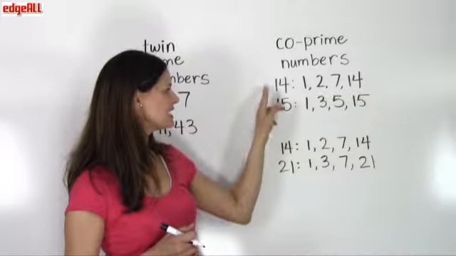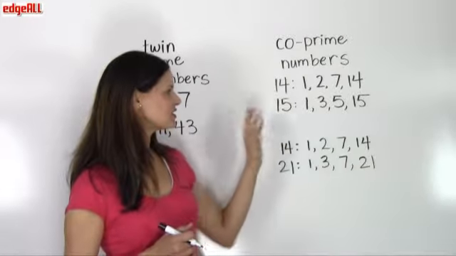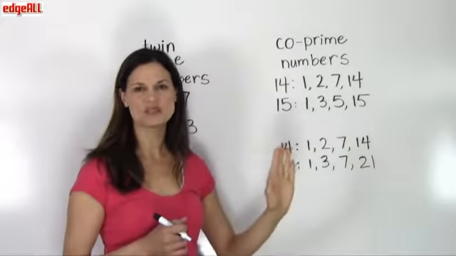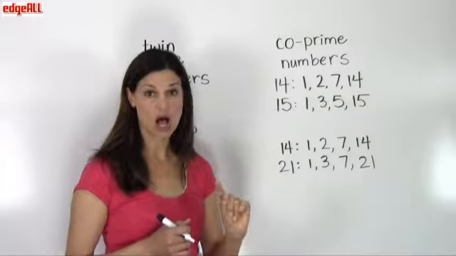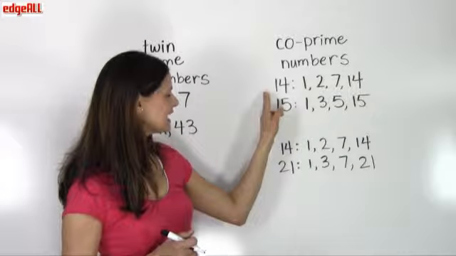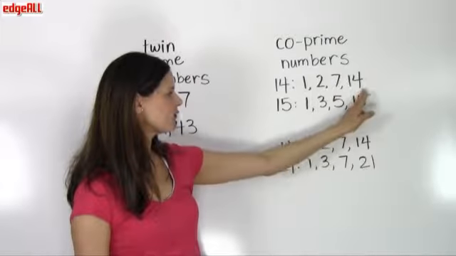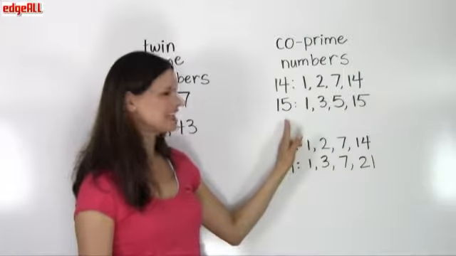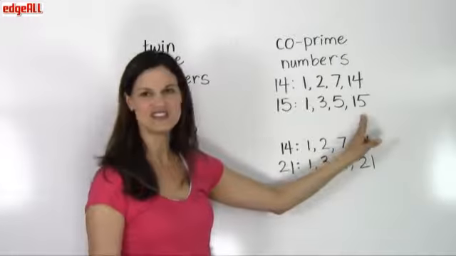And what happens in two co-prime numbers is that their factors, when we list them out, we will see that they only have the number 1 in common. So 14 has factors of 1, 2, 7, and 14. 15 has factors of 1, 3, 5, and 15.